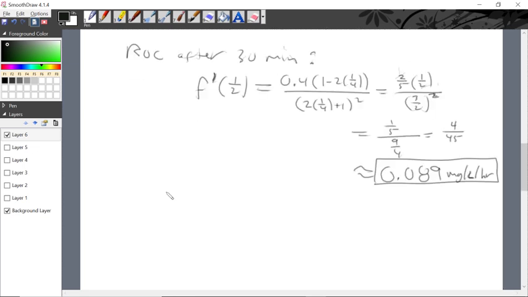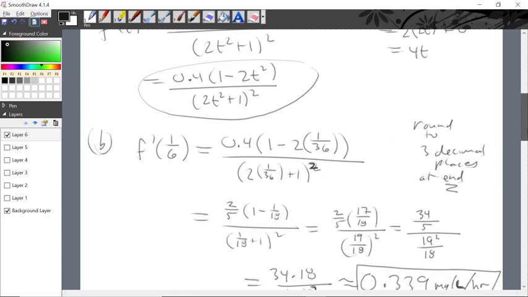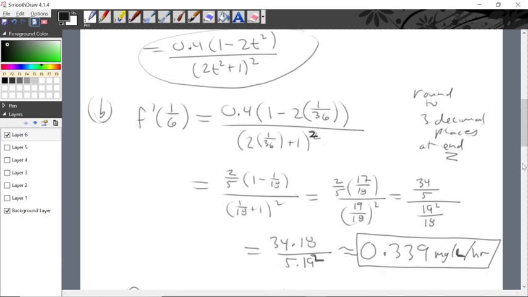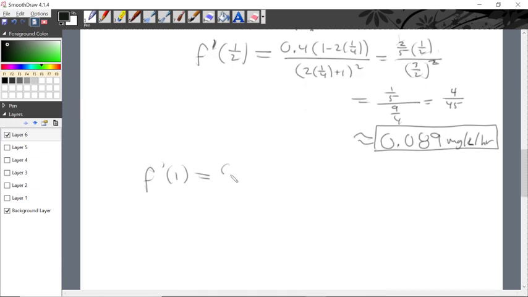And then finally, for part B, what is f prime of 1? That's after 1 hour. F prime of 1 is 0.4 times 1 minus 2 times 1 squared, over 2 times 1 squared plus 1, quantity squared. So what's that? 0.4 times 1 minus 2 is negative 1. Then we have 2 plus 1 is 3, and 3 squared is 9.